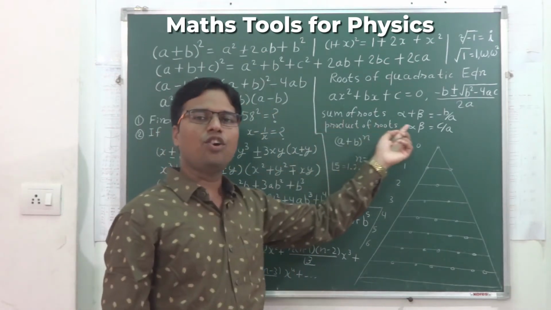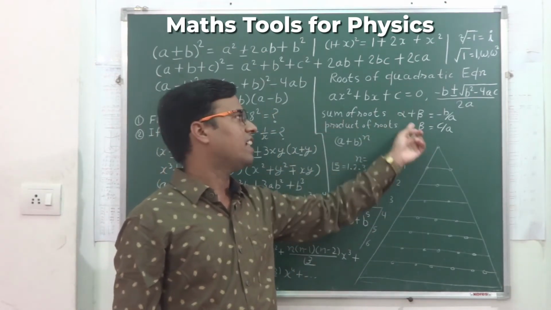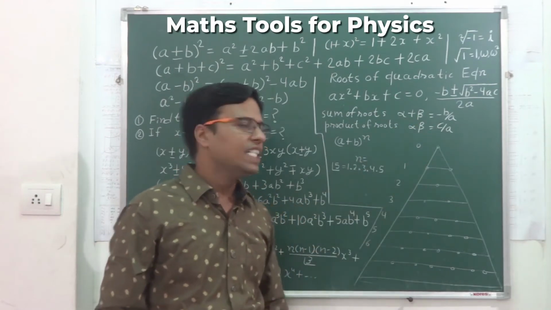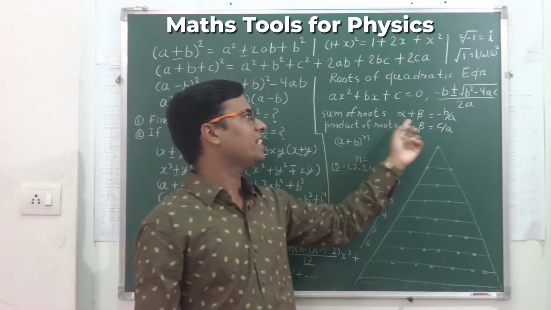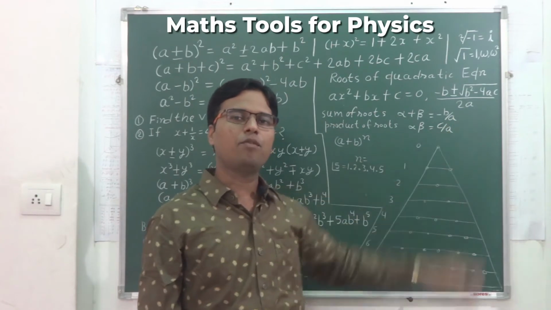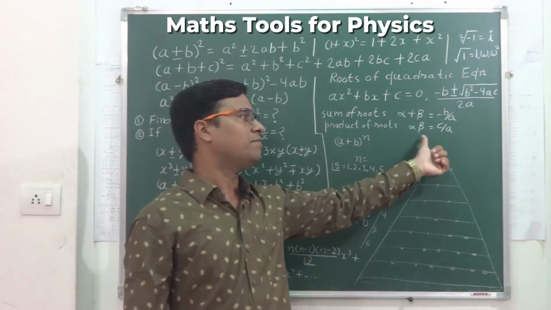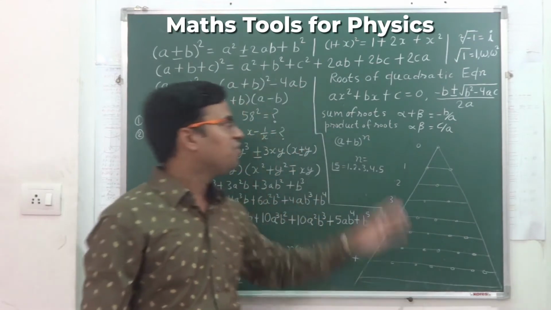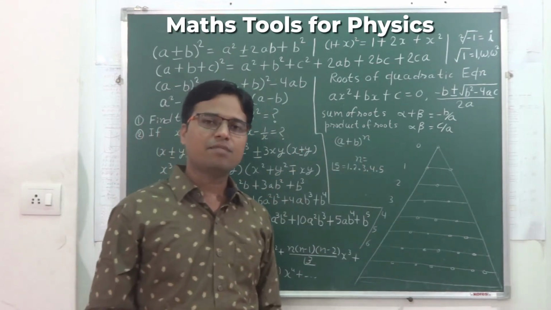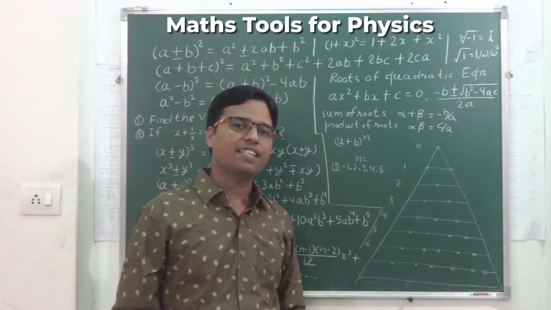If the roots of this equation are alpha and beta, then the sum of roots is -b/a, and the product of roots is c/a. You have studied this mathematics in your class 10th.